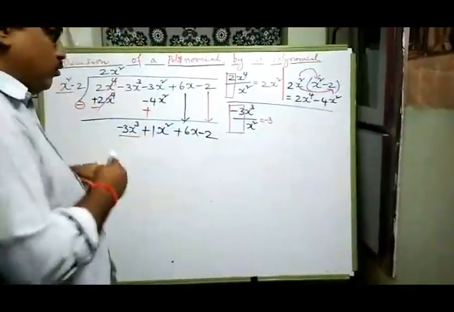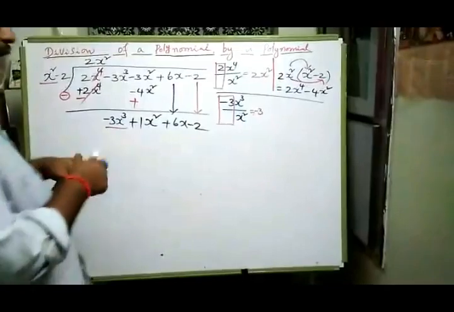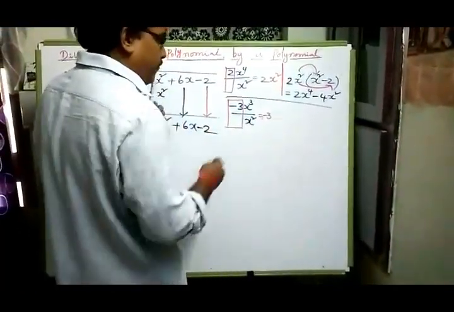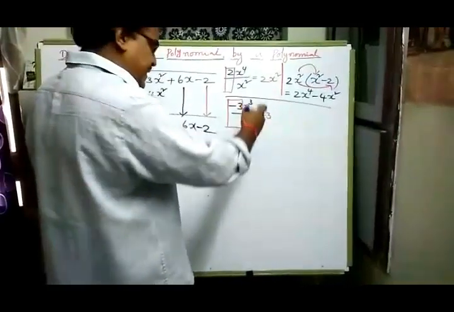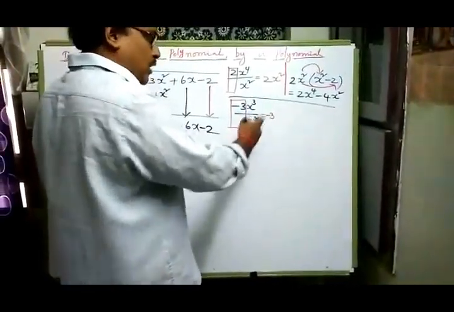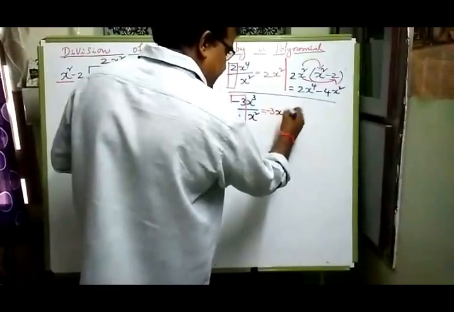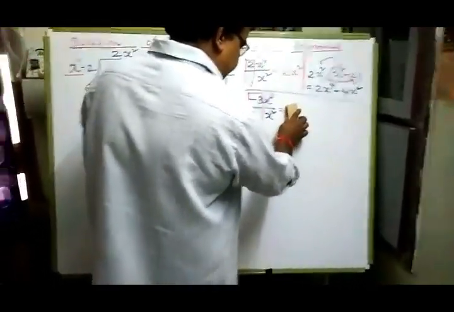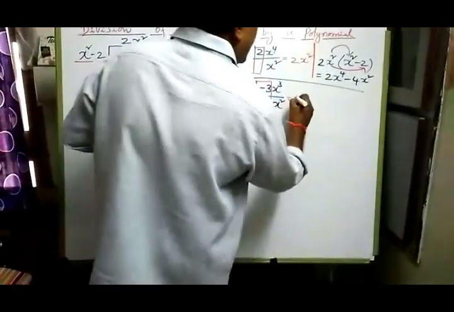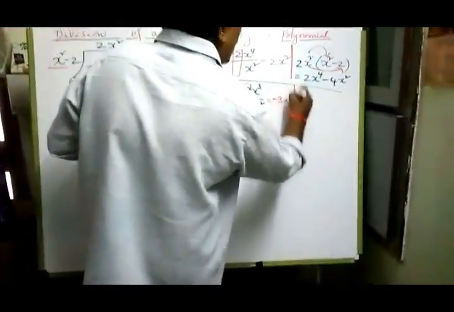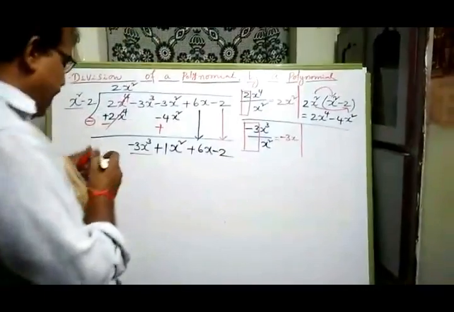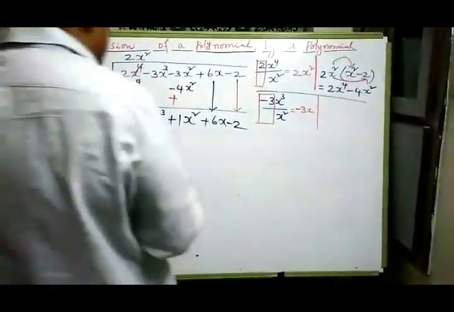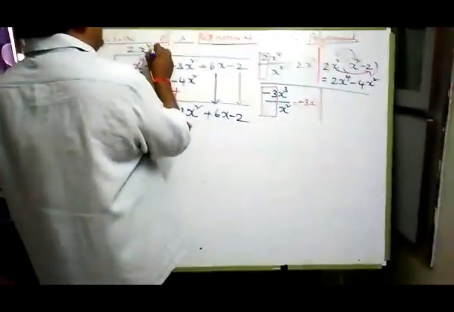Then x cube by x square, a to the power of m by a to the power of n is a to the power of m minus n, so x to the power of 3 minus 2, x to the power of 1, that is nothing but x. Minus 3x is the partial quotient.